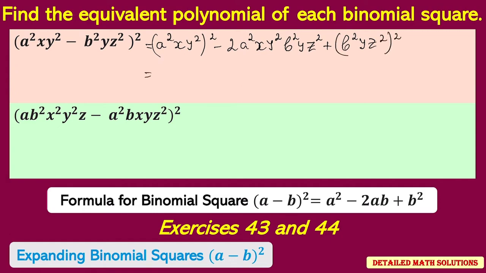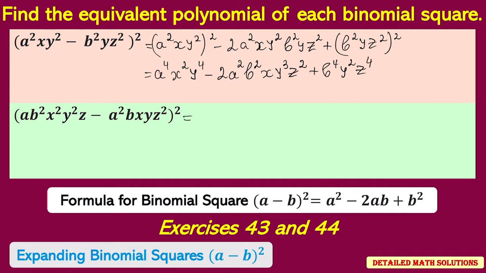And when I simplify further, I get a to the fourth power x squared y to the fourth power minus 2 times a squared b squared x y cubed z squared plus b to the fourth power y squared z to the fourth power.